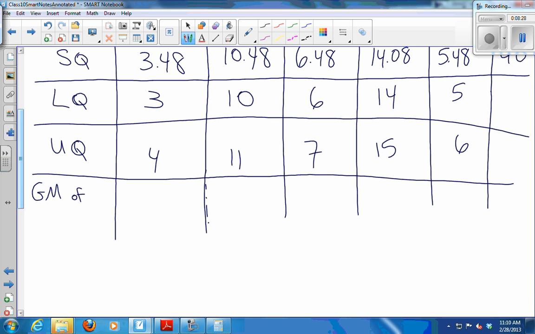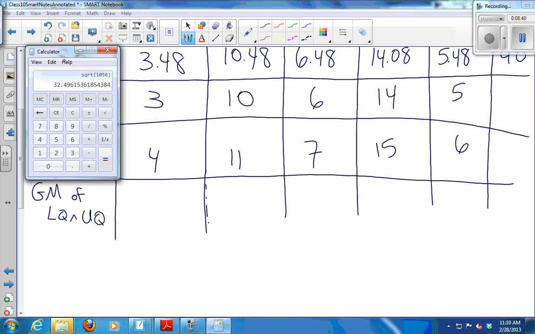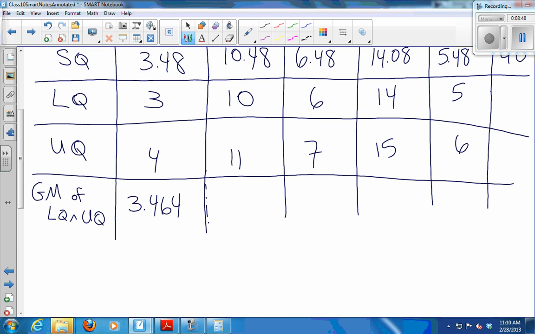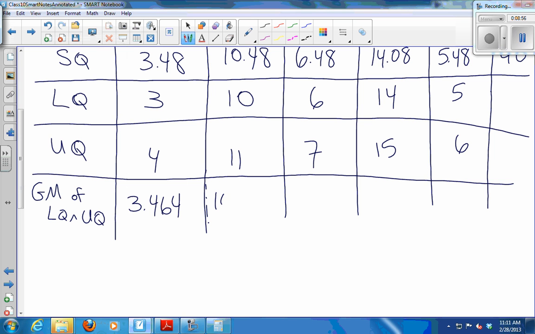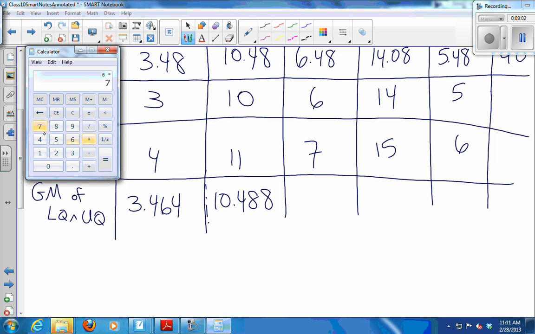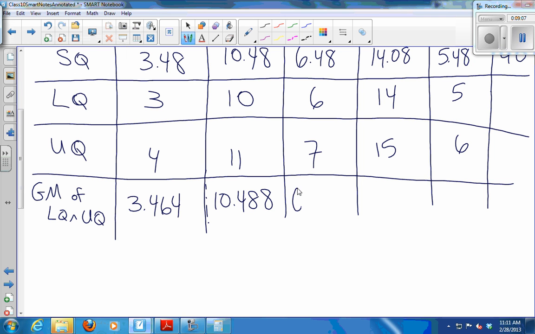Okay, so I'm going to do 3 times 4 and take the square root: 3.464. 10 times 11 and square root, and I get 10.488. 6 times 7, square root, 6.4807.